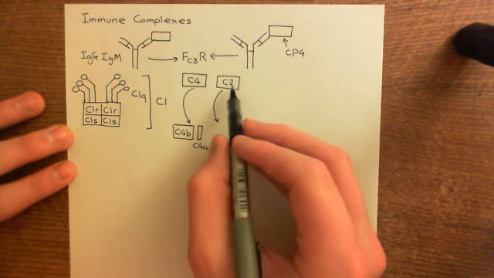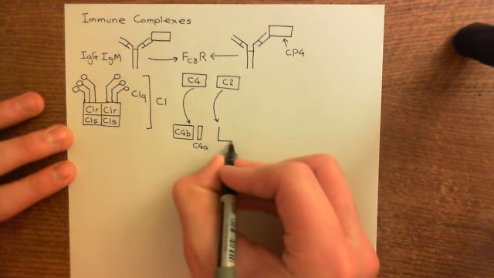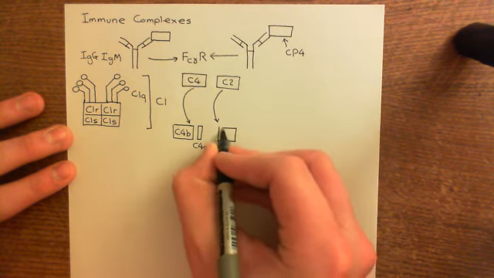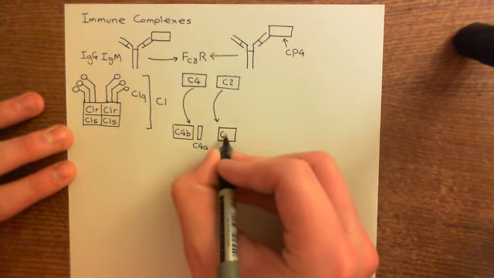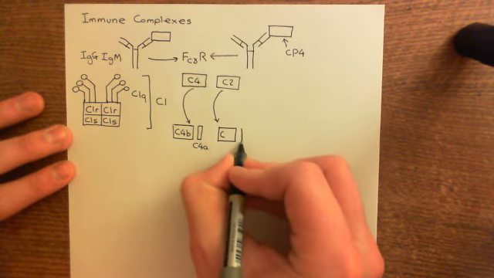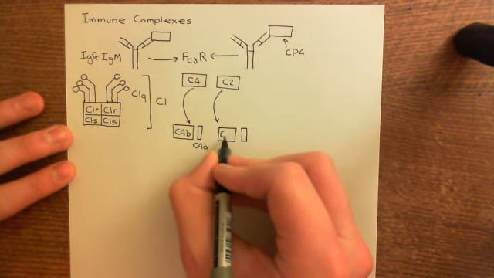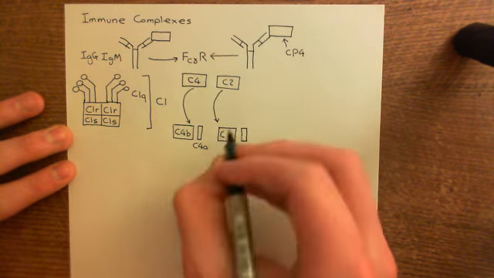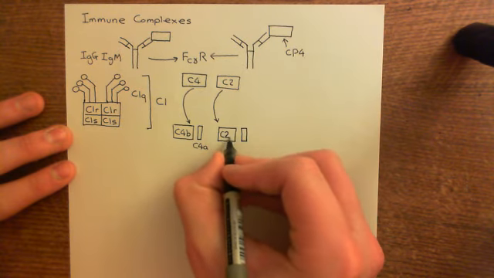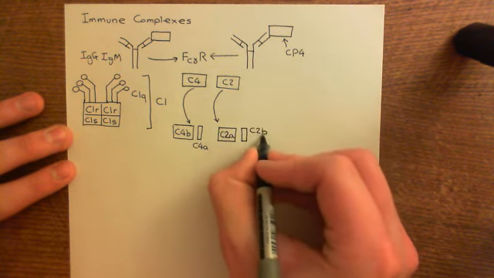Now C2 is also going to be broken down by the activated C1 protein complex into a big fragment and a small fragment, and the naming system for C2 is much more complicated. I'm going to call the big fragment C2a and the small fragment C2b.